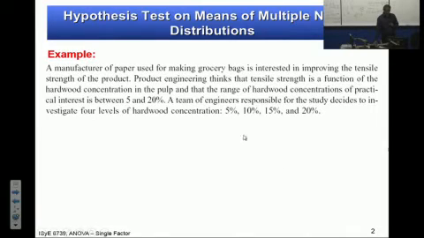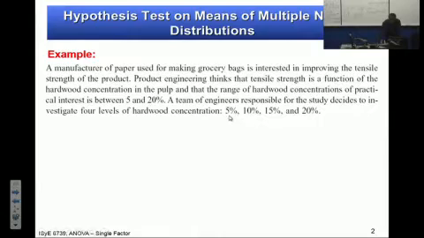Here is one example. Let's say a manufacturer of paper used for making grocery bags is interested in improving the tensile strength of the product. And their product engineer thinks that tensile strength is a function of hardwood concentration. Okay? And the hardwood range is from 5% to 20%.